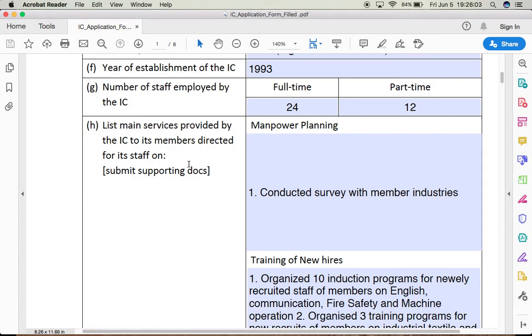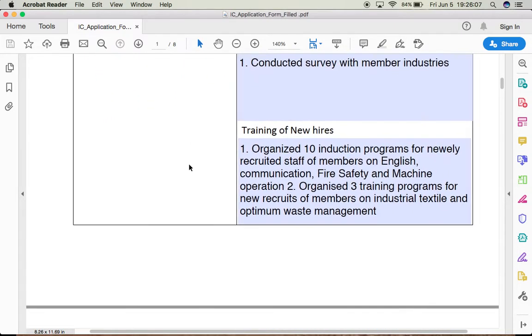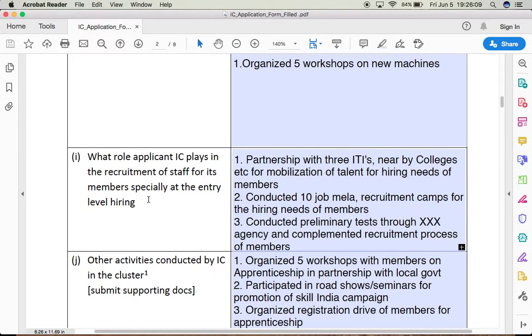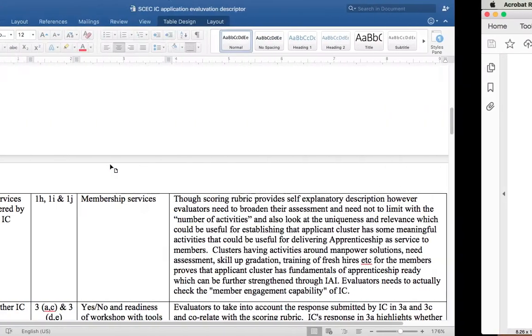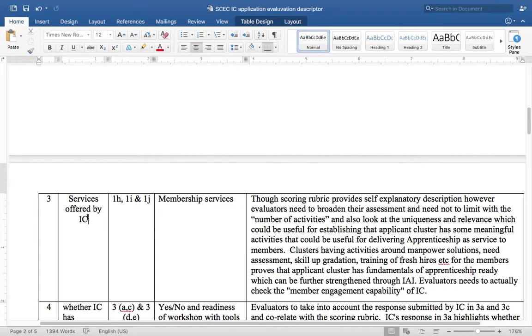So there you go. You can find that each question is mapped with the label descriptor. So 1H, 1I and 1J. These three questions are mapped to determine the efficacy of the industry cluster in services offered by the IC.